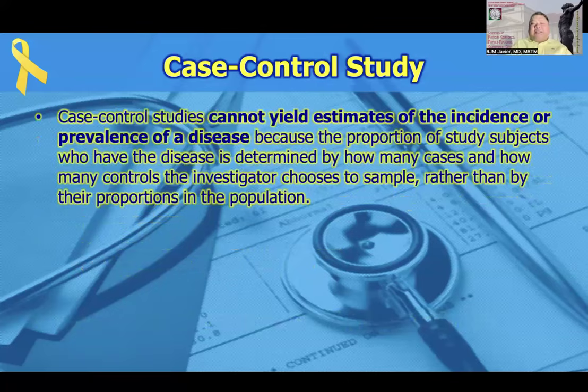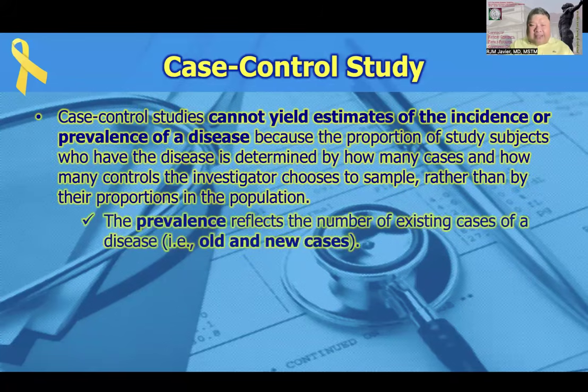Case control studies cannot yield estimates of incidence or prevalence because the proportion of study subjects who have the disease is determined by how many cases and how many controls the investigator chooses to sample rather than by their proportions in the population. So again, the concept of incidence and prevalence is being implicated in the concept of case control studies.